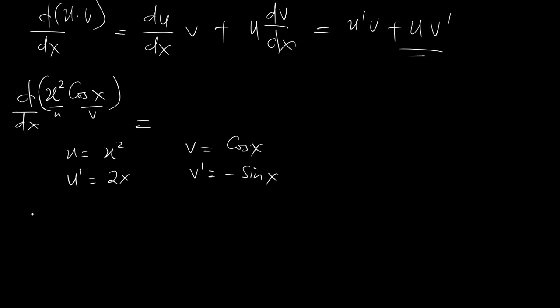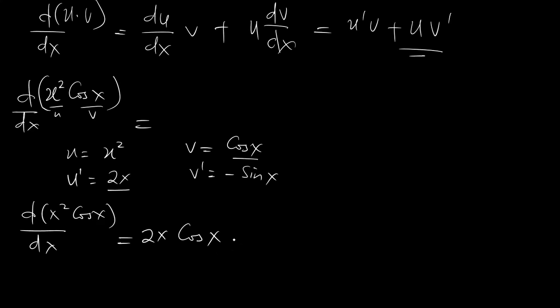Now the derivative of x square cos x with respect to x will be equal to u prime times v, based on what is written up here, which is 2x times cos x, plus u, which is x square, times minus sine x.